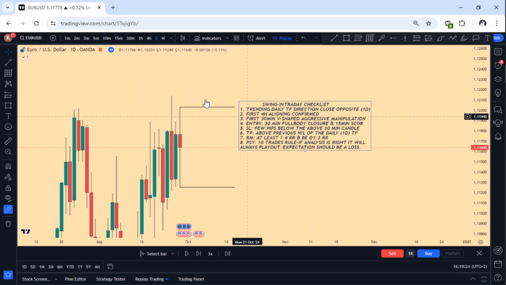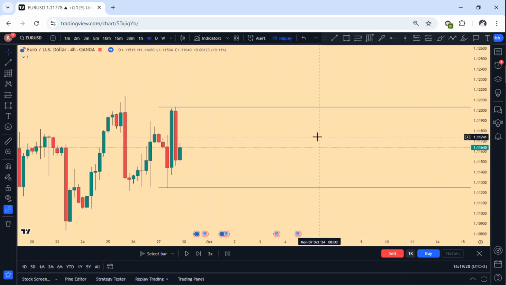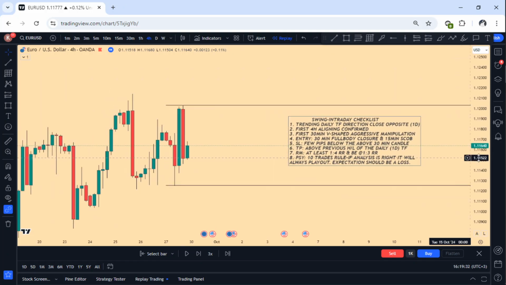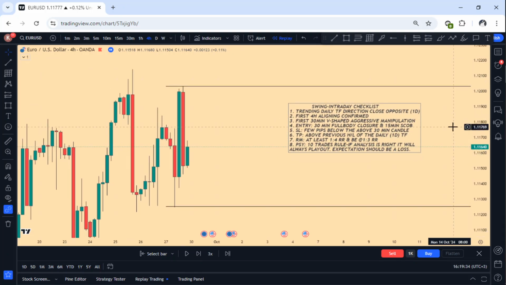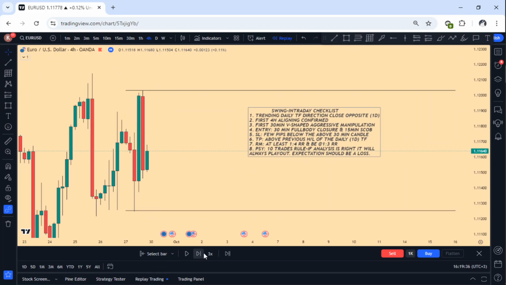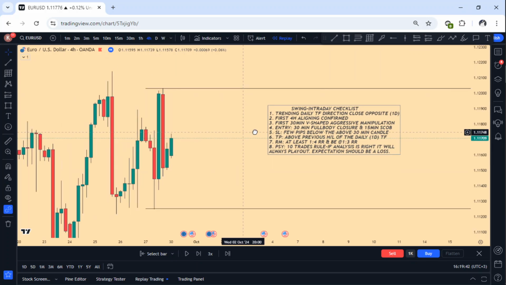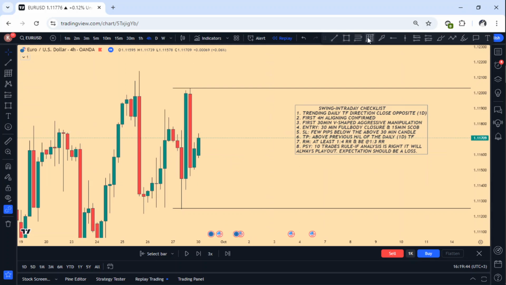You go to 4 hours and wait for alignment. Wait for 4 hours alignment. So let's see. Now the market aligned immediately here. This is today. So when the market aligned here, it was okay. So let's wait for manipulation.